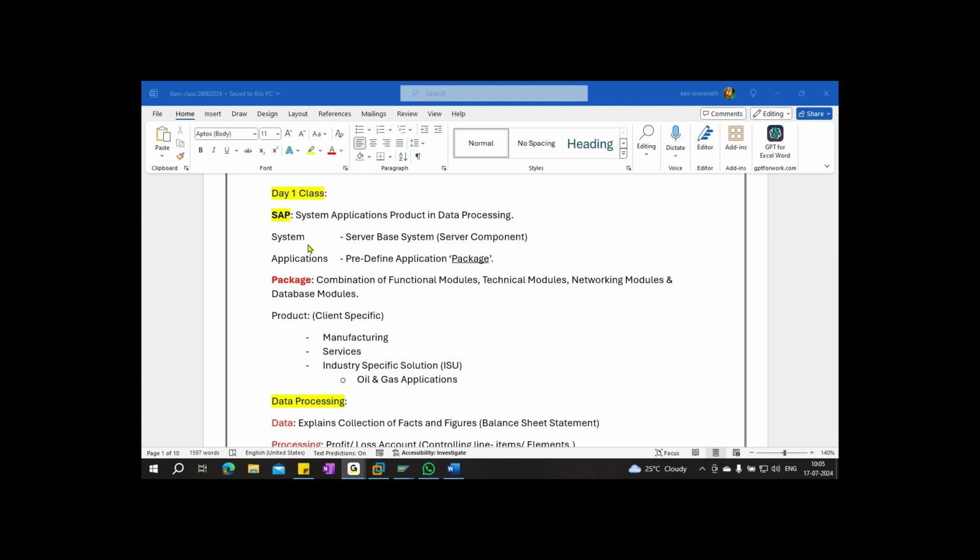Combination of functional modules, technical modules, networking modules, and database modules.